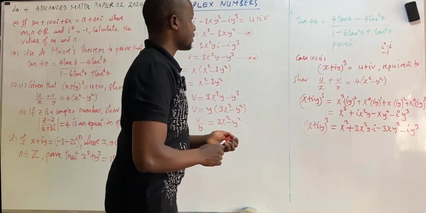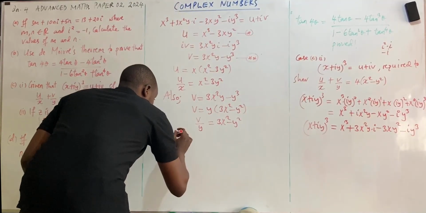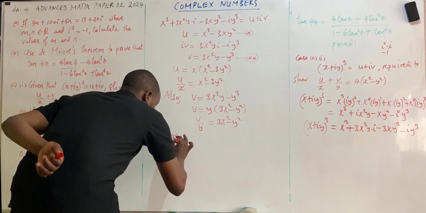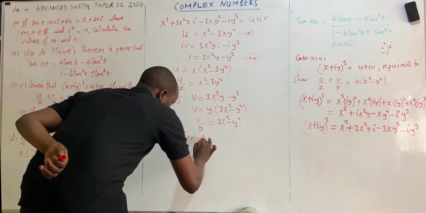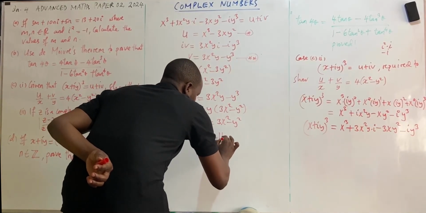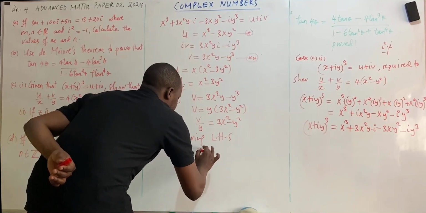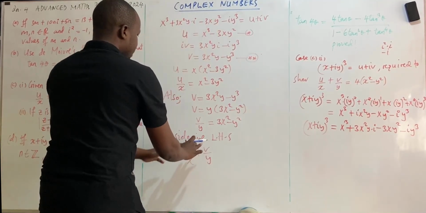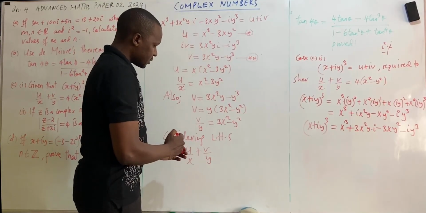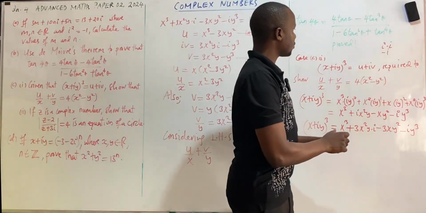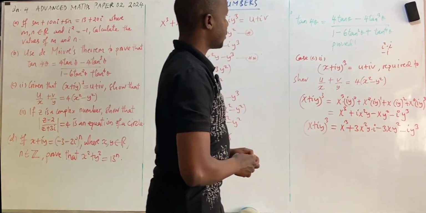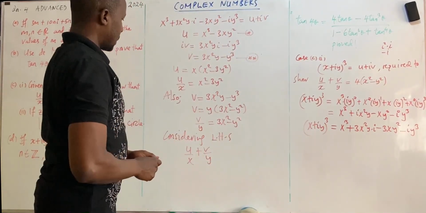Now on choosing the left-hand side, considering the left-hand side, where we have u over x plus v over y, we need to operate this part here until we get 4 brackets x squared minus y squared. And up to that point, we have shown what we are supposed to show.